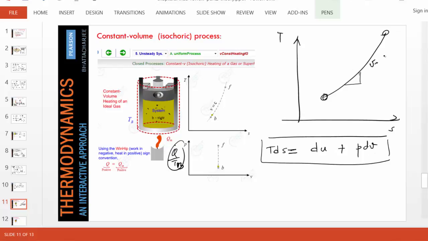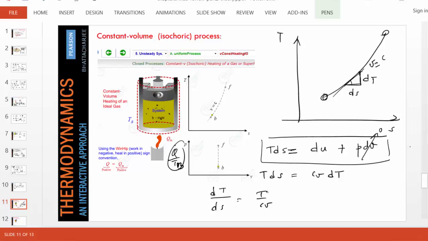Now, this is a constant volume line, so volume doesn't change along the line. So dV equals 0 because volume remains constant. And we also know du is given by Cv dT, that's why delta u equals Cv times delta T, if you recall the formula. So TdS equals Cv times dT. Therefore, dT over dS, and that's the slope, is given by T over Cv.